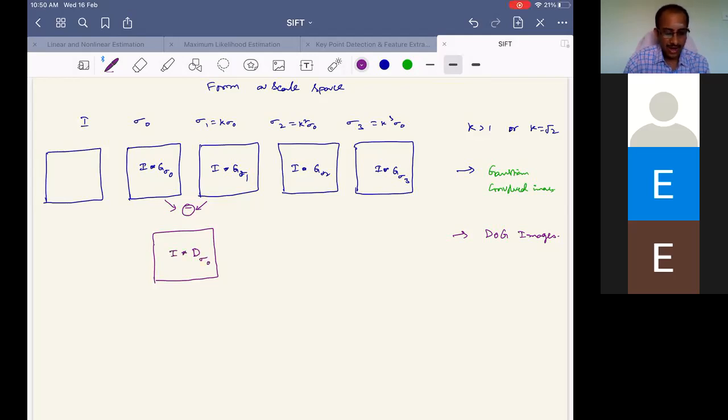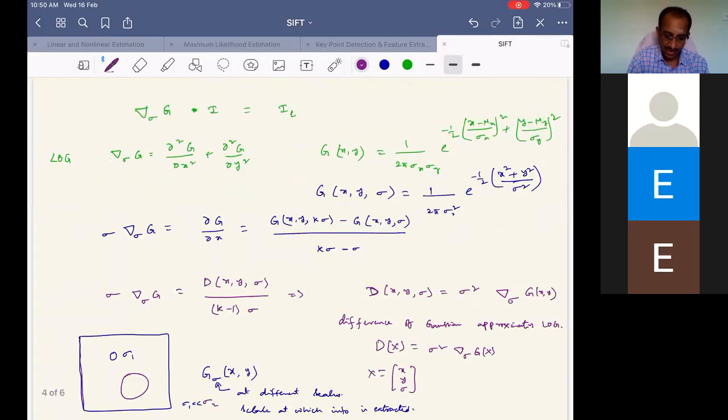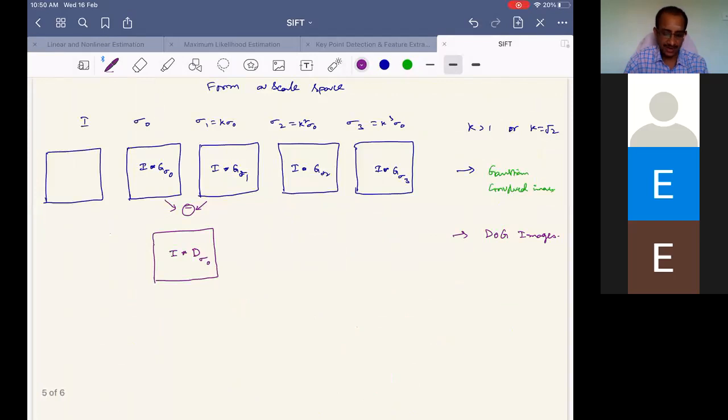Say I can consider I convolved with the difference of Gaussian image at sigma naught, if I consider sigma naught as the reference, or I can consider sigma 1 as the reference. So we are considering here k sigma minus sigma. If we consider sigma, we represent it with the smaller one. And again I perform the difference.